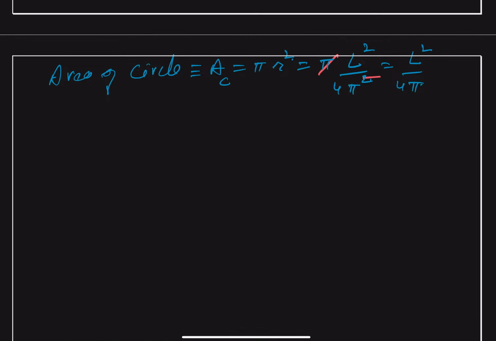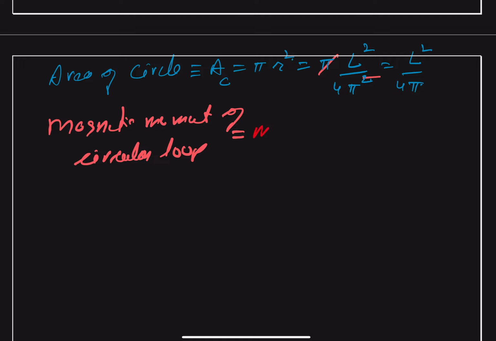So magnetic moment of circular loop, let us call that as our MC. Current is our same, and area we just found it is our L square by 4 pi.